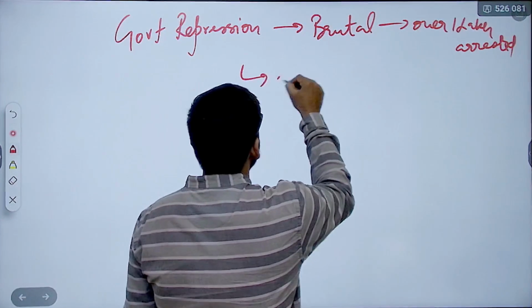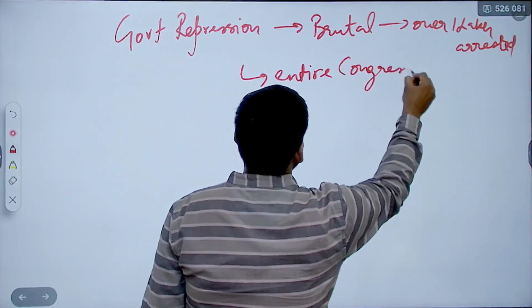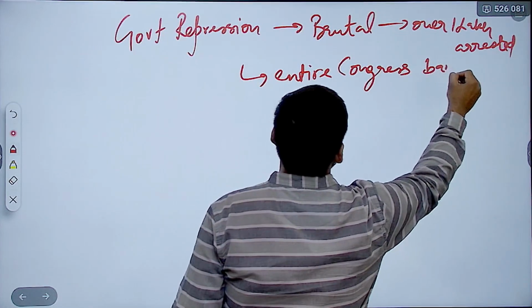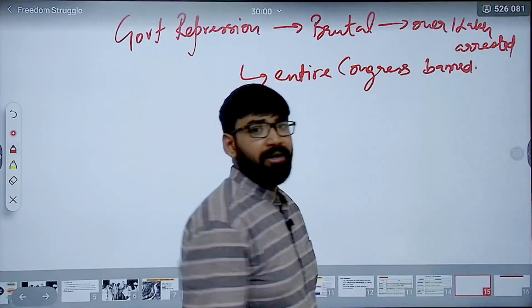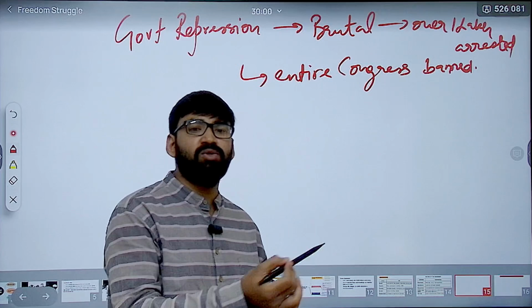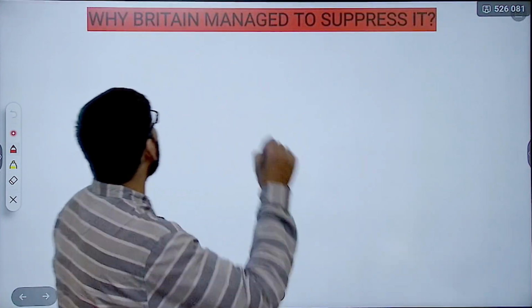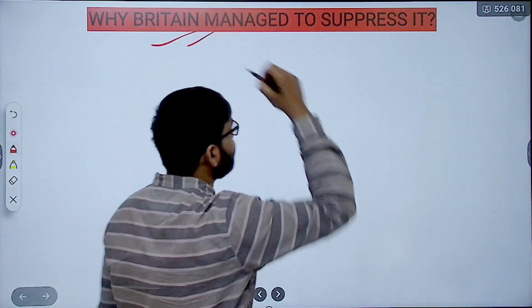Entire Congress was banned. Press was censored. Public gatherings were banned. Now, the question here is, why did Britain manage to suppress it?